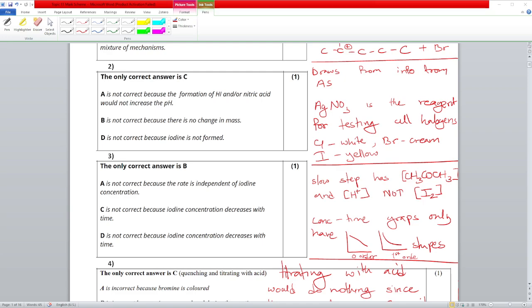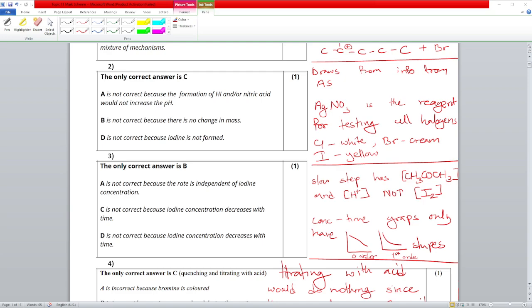Then question number 3, here you have a bunch of graphs, and these questions are definitely very, very annoying to deal with. Off the bat, you can discount C and D because there is no version of a concentration-time graph that makes those two shapes.